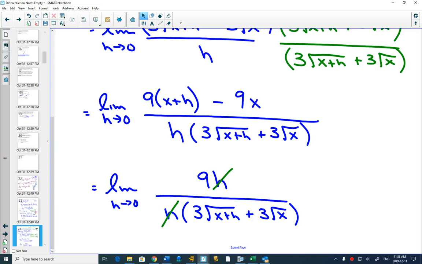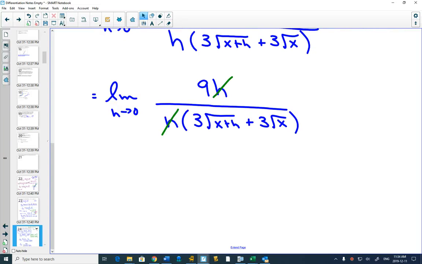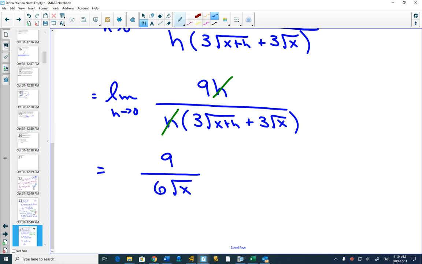We're not dividing by 0. We're dividing by 6 root x. So we can now apply the limit. If I plug in 0, I'm going to get 6 root x on the bottom. And this simplifies to 3 over 2.